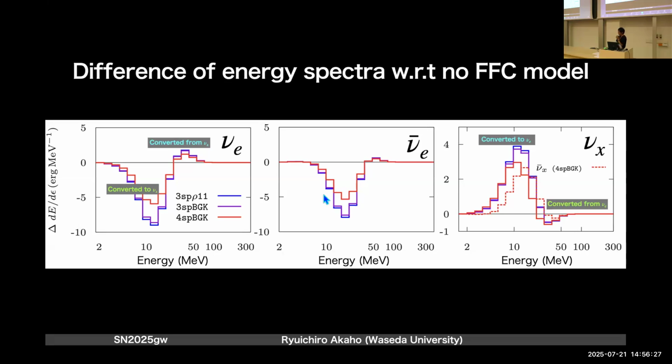Since nu x usually has the higher average energy, this kind of spectrum difference can be seen. It is also worth mentioning that the three species models tend to overestimate the effects of FFC.